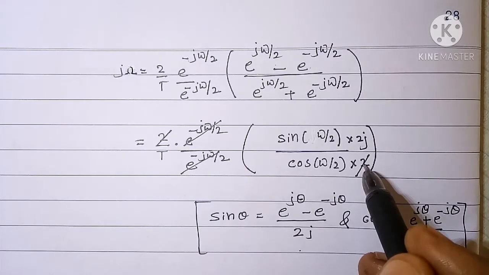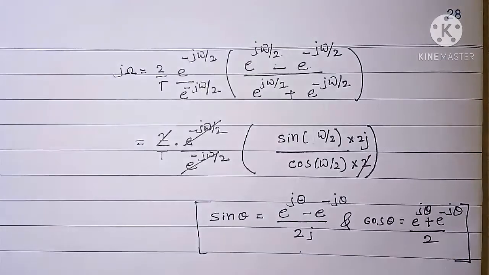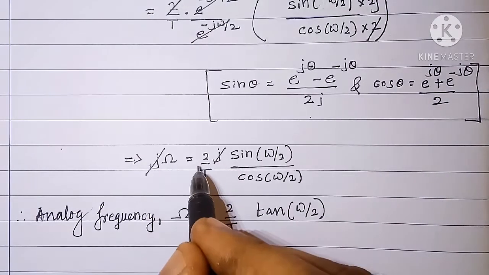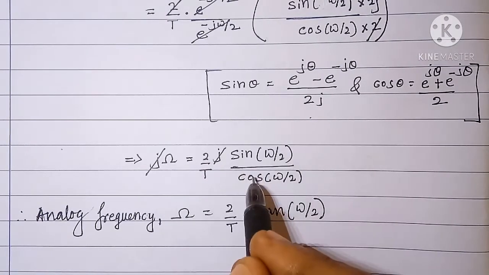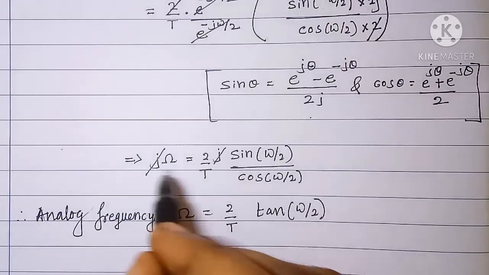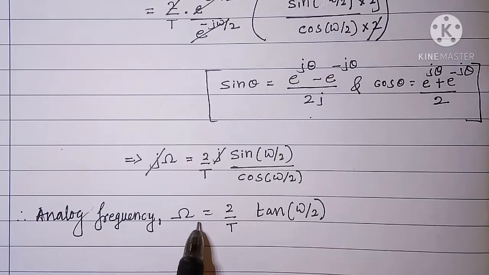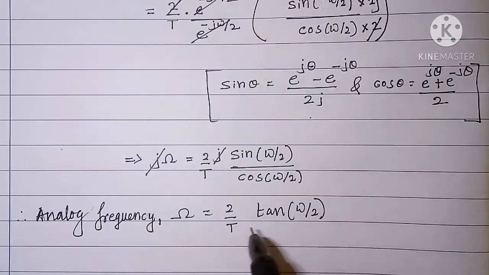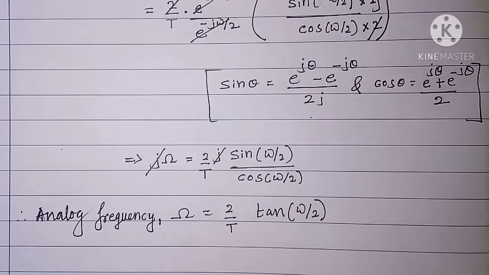We can cancel 2 and 2 here to get j omega equal to 2 by capital T into j sin of omega by 2 into cos of omega by 2. Now j and j will cancel. We get analog frequency omega is equal to 2 by T into sin by cos, we know that tan, therefore 2 by T into tan of omega by 2 we get.